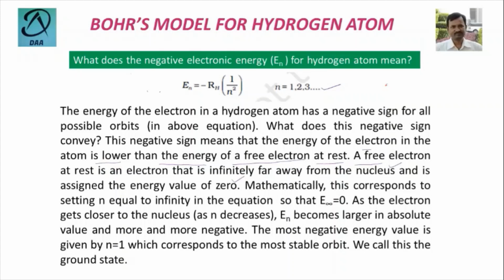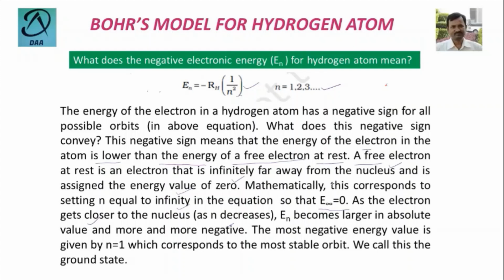Mathematically, this corresponds to setting n equal to infinity in the equation. If you put infinity here, then ultimately E is equal to 0. As the electron gets closer to the nucleus, that means when n decreases, En becomes larger in absolute value, and in this case it is more negative.